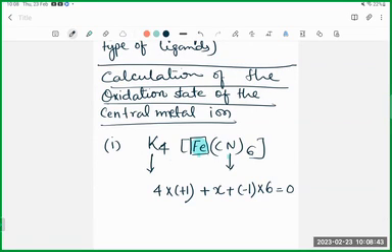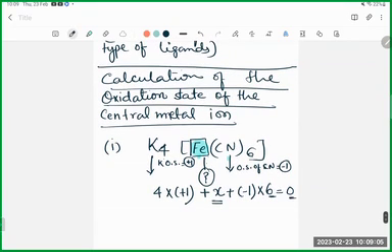Yes, ma'am. Potassium oxidation state is +1, so I kept it over here. Iron oxidation state has to be calculated, so x. The oxidation state of CN is -1. How many atoms we have? 6, so I kept it over here. The entity does not carry any charge, so 0.